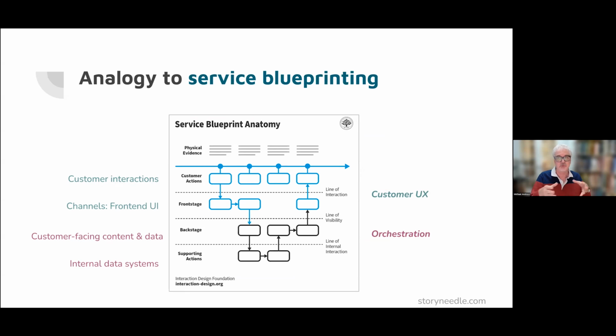So the front stage really is our customer user experience. The backstage is really where the orchestration's happening. So that's where our customer facing content and data is, and our internal data systems are on the backstage and are being tapped for the orchestration.